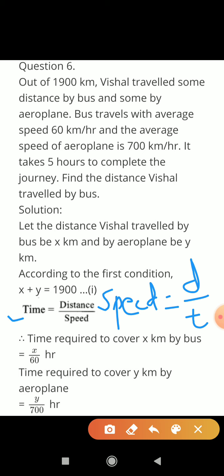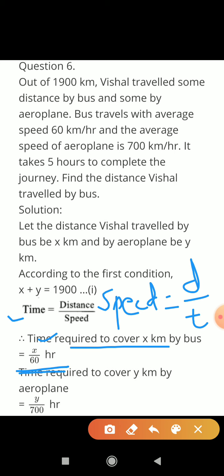Okay, now we have to calculate the time taken by bus as well as the time taken by aeroplane. So the time required to cover x kilometers by bus is equal to the distance traveled by bus, x, divided by the speed of bus, 60 kilometers per hour. So the time taken by bus is x upon 60 hours.